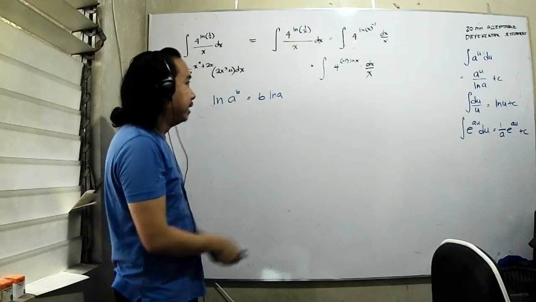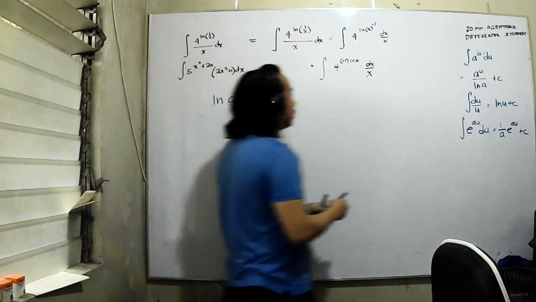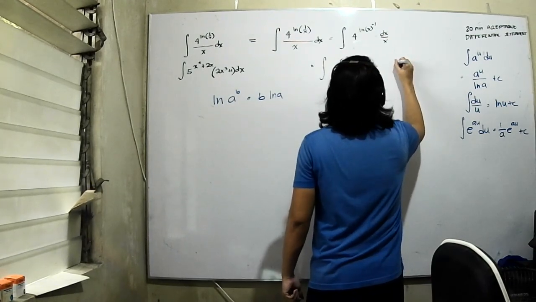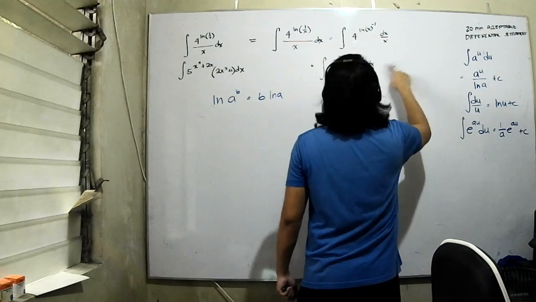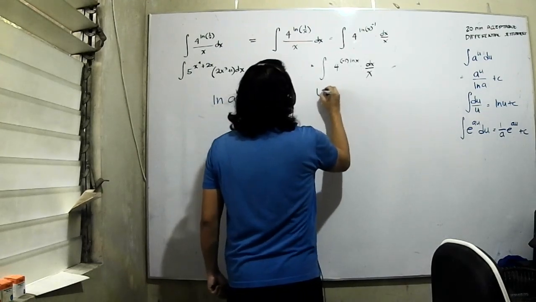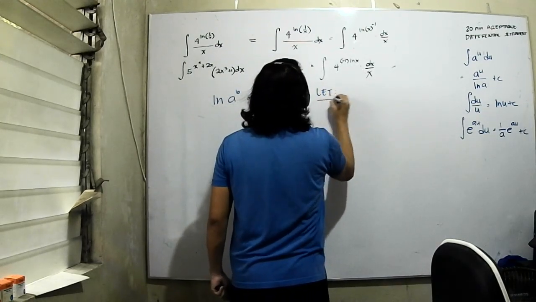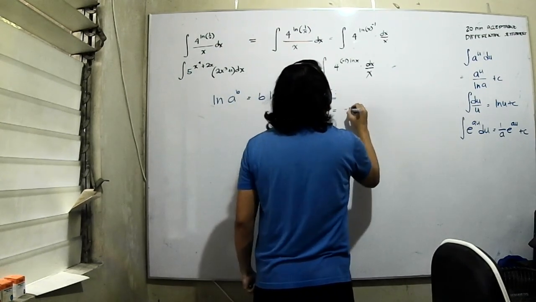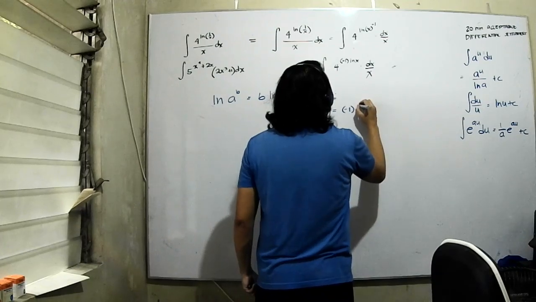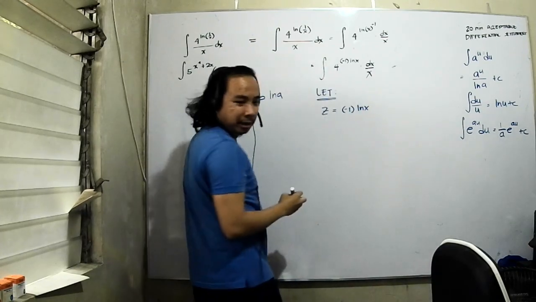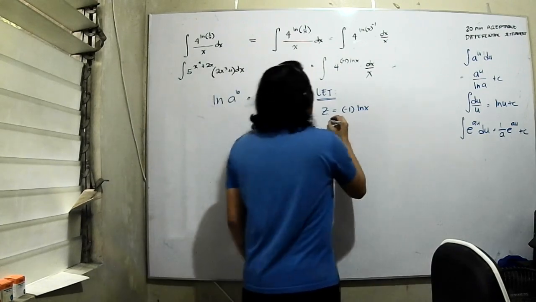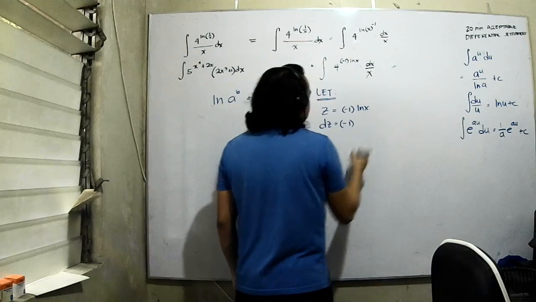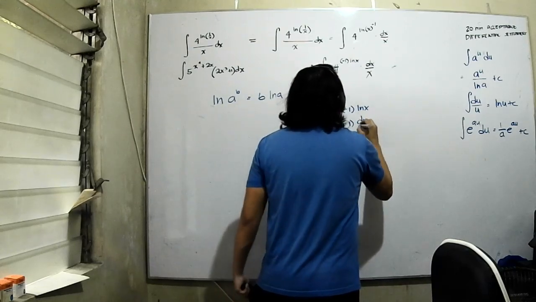Now, let me set the most complicated term and let that be z. Okay? z is equal to negative 1 times ln x. If I differentiate, dz should be equal to dx over x.